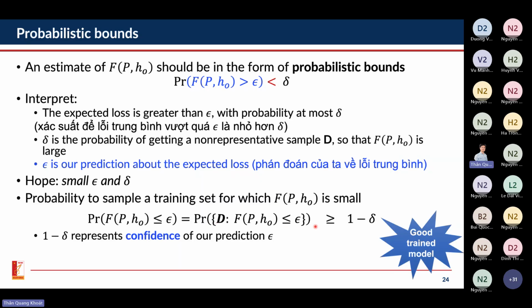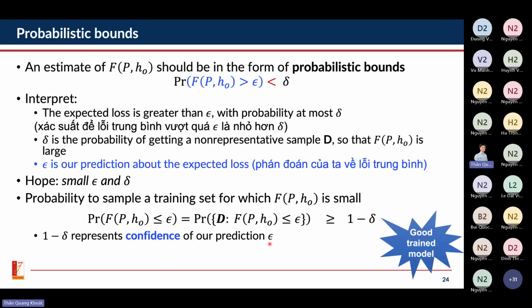And in order to say that S0 is good, or the test error is small, this probability should be at least 1 minus delta, right? Okay, so this is what we need to show when we want to have a reliable assessment about a trained model. Sometimes we say that this quantity is a confidence, right?